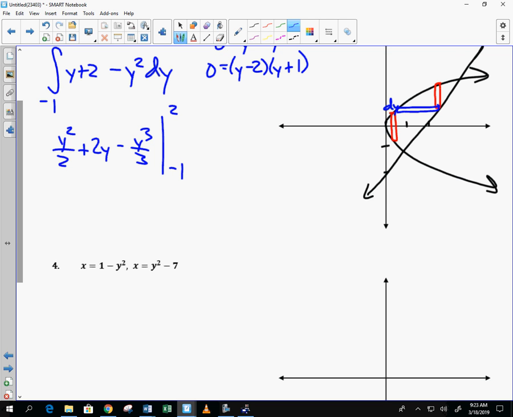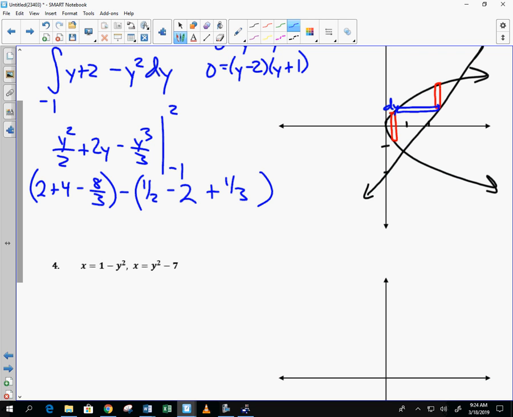So I plug in 2. 2 squared, 4 divided by 2, 2. Actually, you know what? I don't like to do that till the end. So I'm just going to write 2 plus 4 minus 8/3. If I plug in negative 1, I get a half minus 2 plus 1/3.